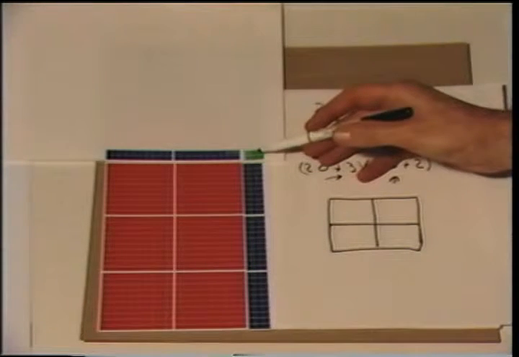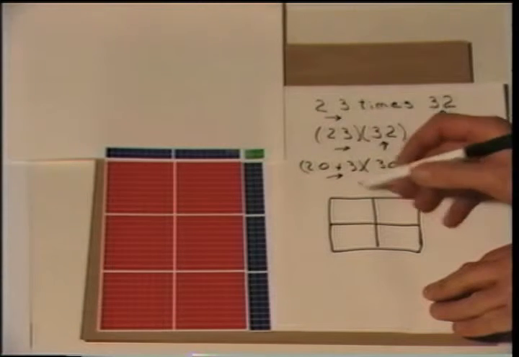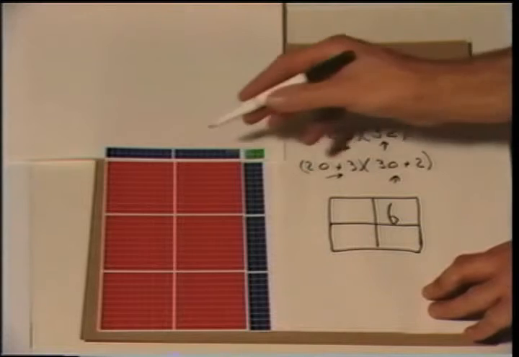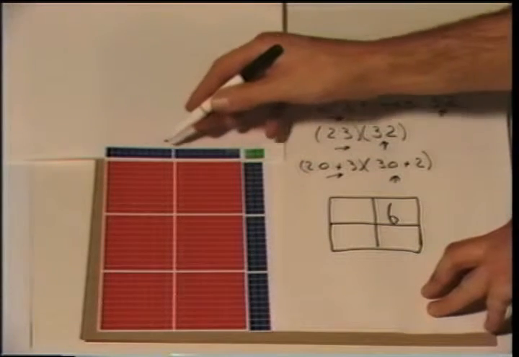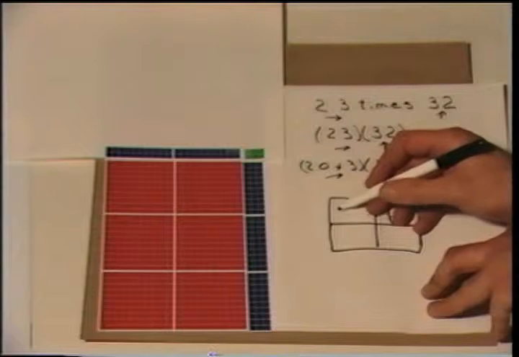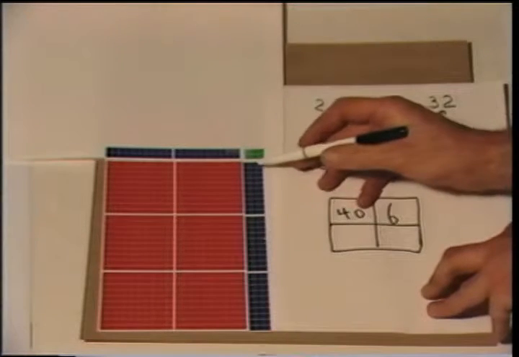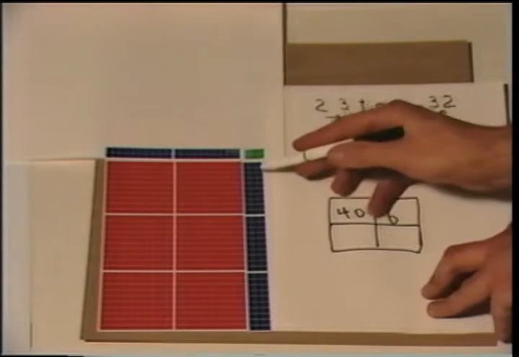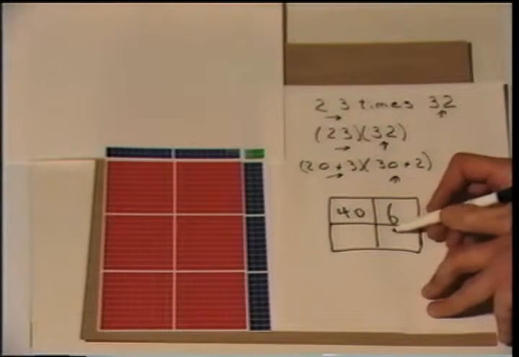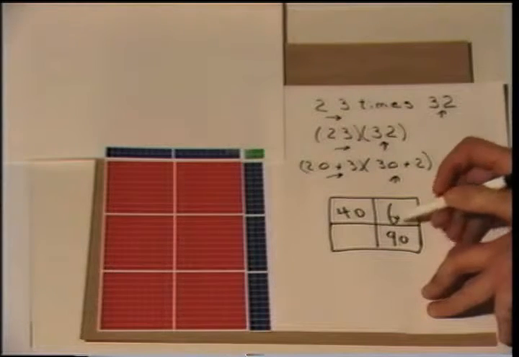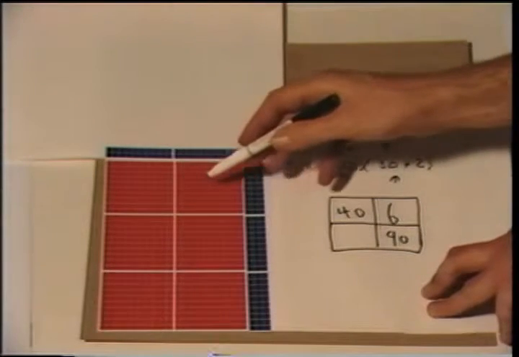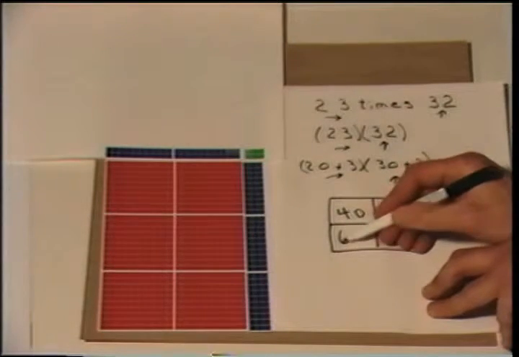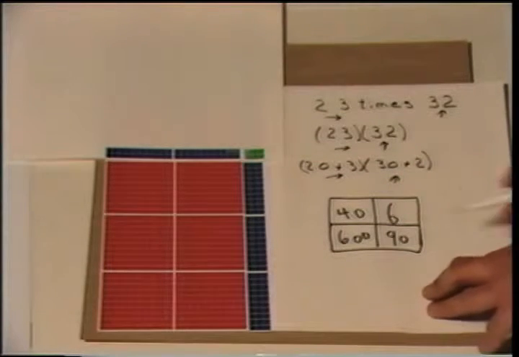Let's find out. Here we have 6 units. Here I have 1, 2 bars twice. I have 4 bars. Here I have 1, 2, 3 bars, 3 bars, 3 times, 9 bars. And here I have 2 squares, 1, 2, 3 times, 6 squares.